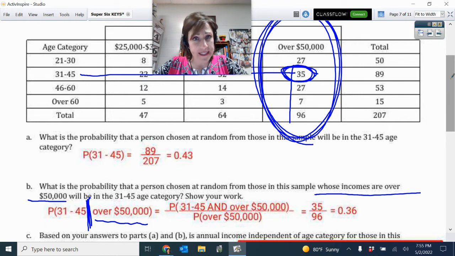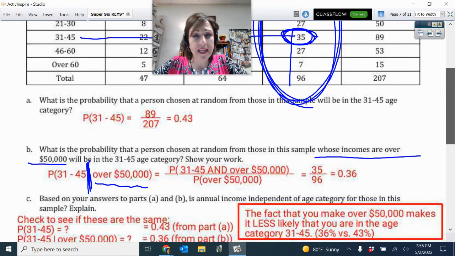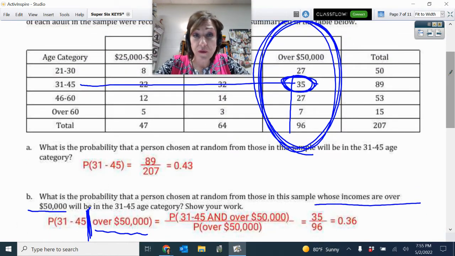And that is 0.36. So, in essence, what that is saying, overall in my sample, 43% were the age 31 to 45. But if I knew you were making over $50,000, then only 36% of that category, that income bracket, was in that age group.